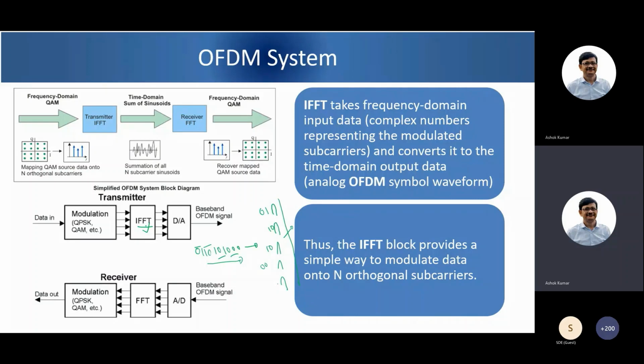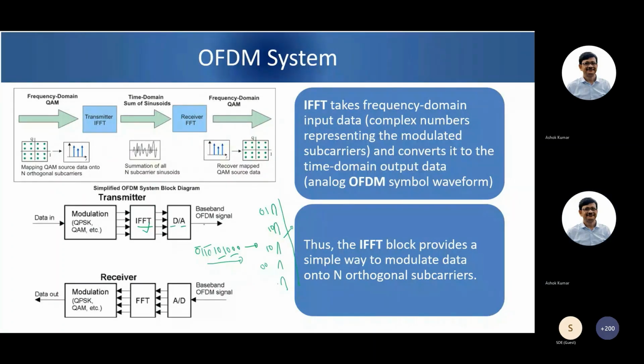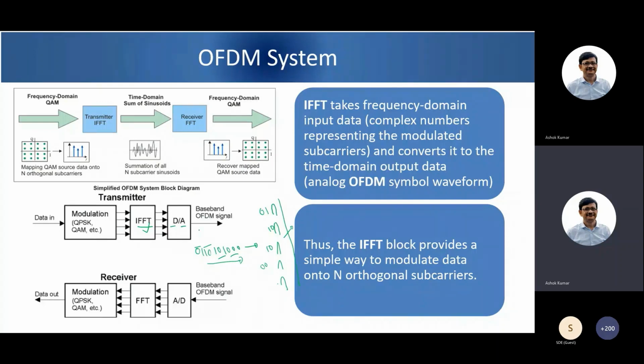At the transmit side, we do an inverse fast Fourier transform, and then we convert this digital data into analog data and send it onto the carrier. On the other side, when it receives, we convert the analog data back into digital data, and here we do FFT. Here we did inverse fast Fourier transform, here we are doing FFT, and then we are able to demodulate the signal.